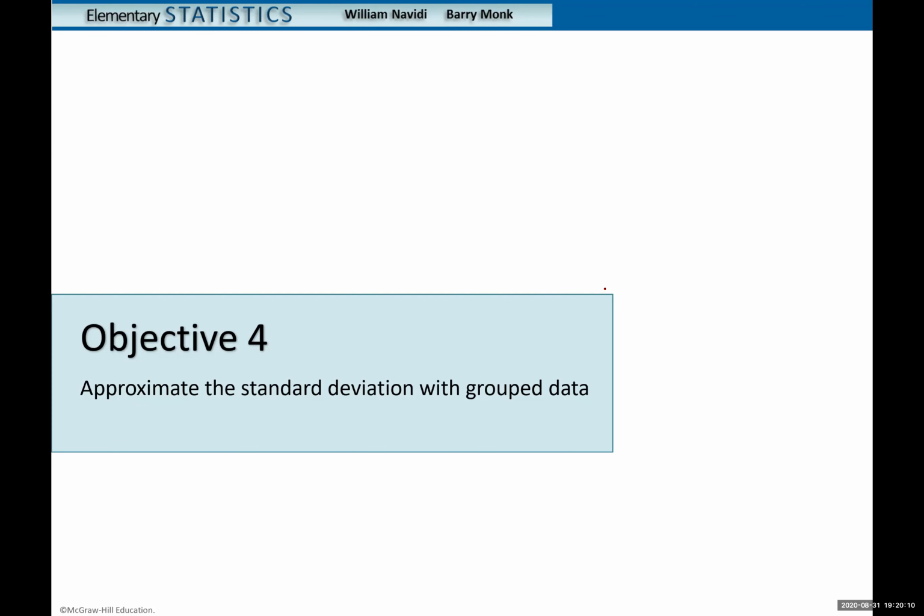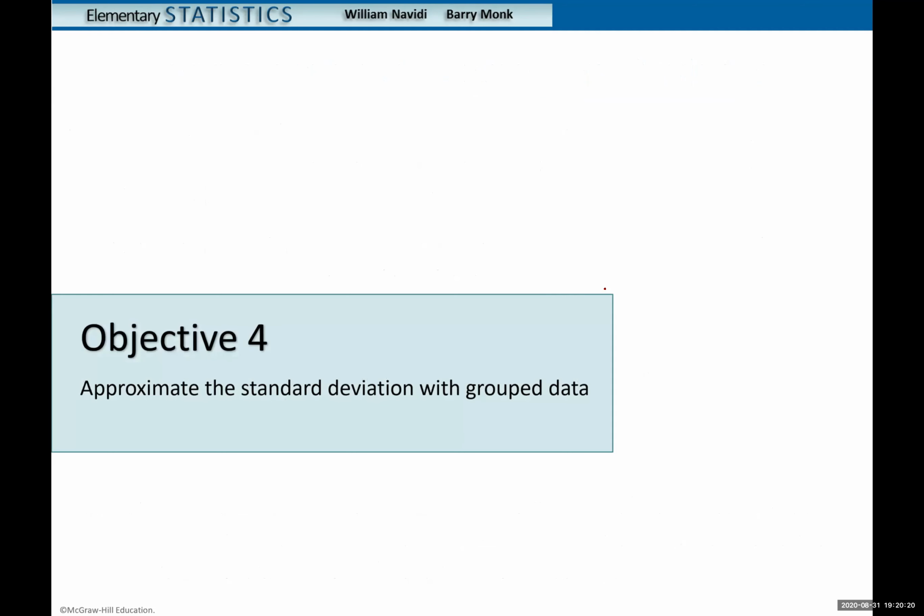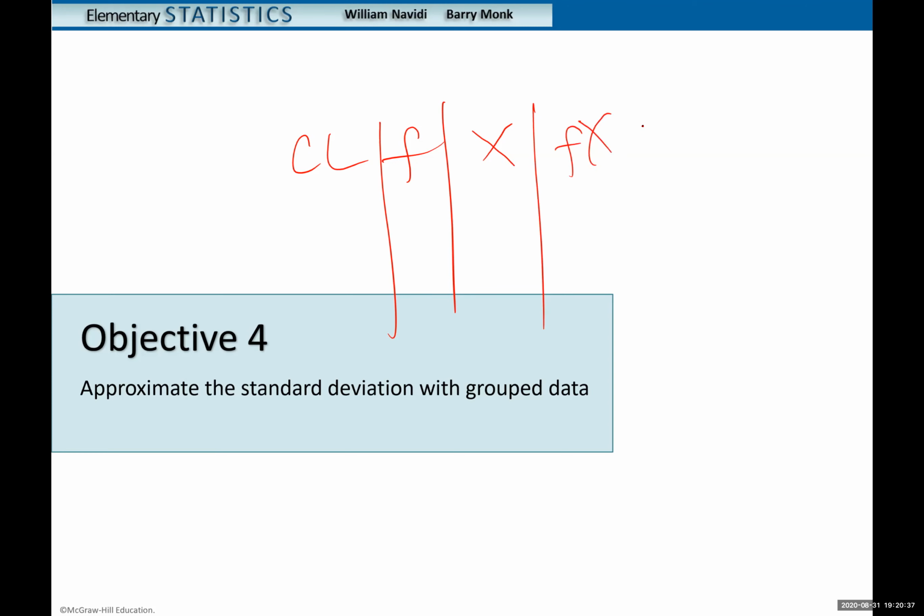Okay, the next one, standard deviation with grouped data. So remember earlier, we solved for the mean with the grouped data when I asked you where the class limits and the frequency are, you computed for the class midpoints and then multiplied f and x. Okay, how about standard deviation with grouped data?